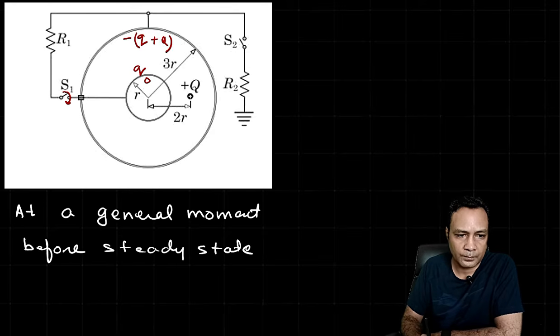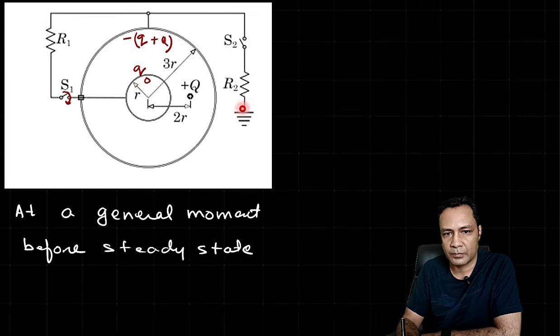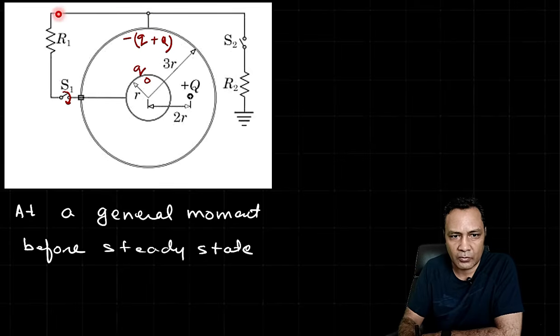And now one thing, the total initial charge of these two is 0. Because of the electrical contact being made through S1, the charge can flow through this part, but no charge will remain here. Whatever charge flows can go here or it can go here.